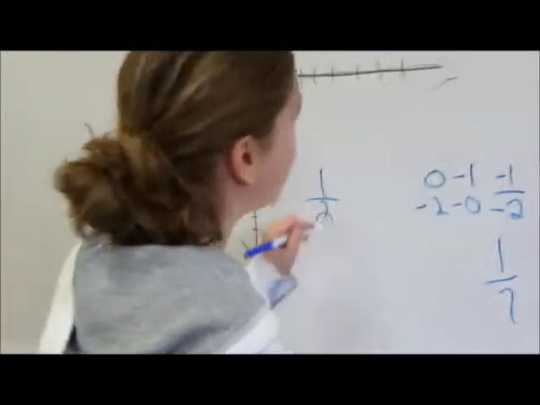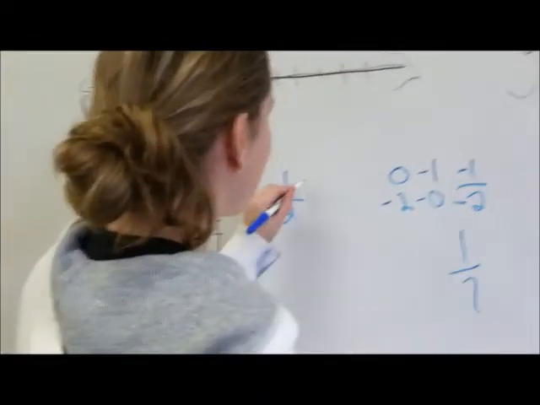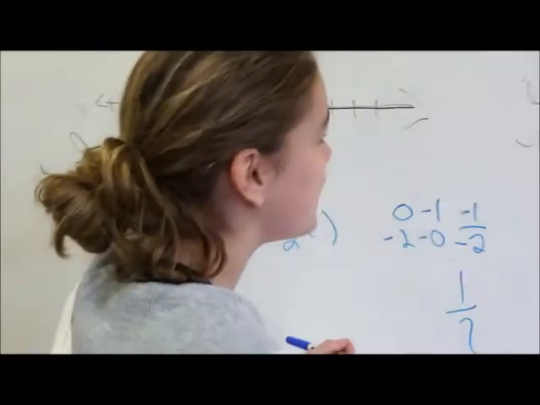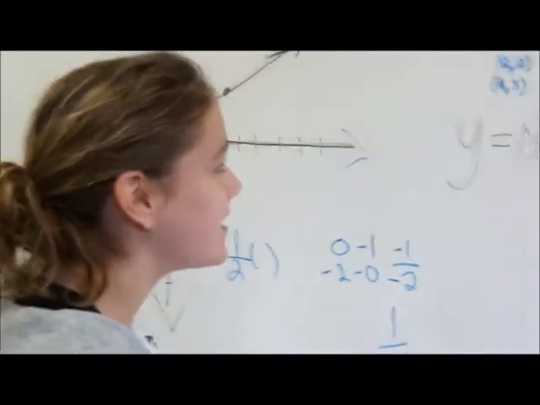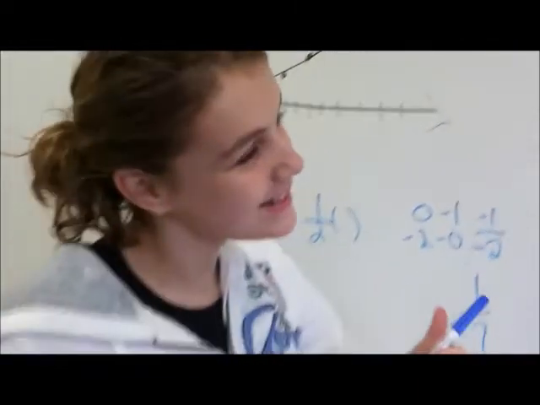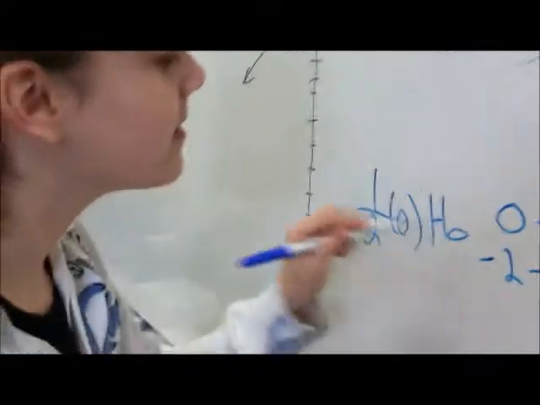So anyways, we take the 1/2, and then we use 0 and 1. So let's use our y-intercept. We take our 0 and put it as our x, and then we have b.